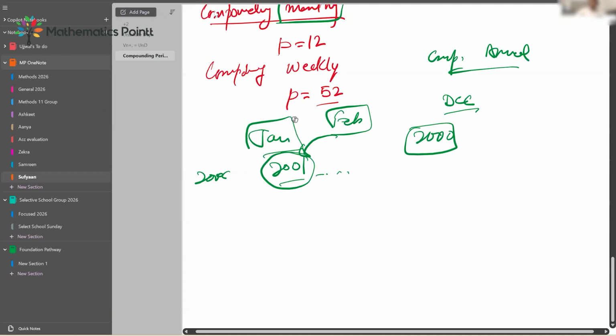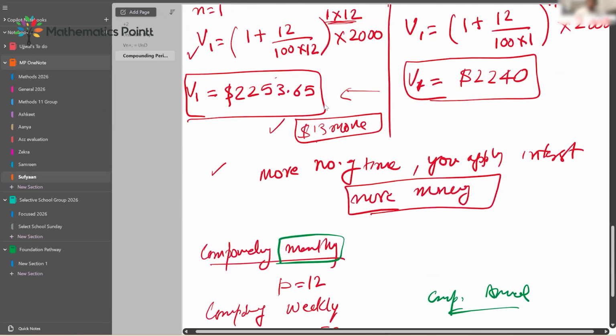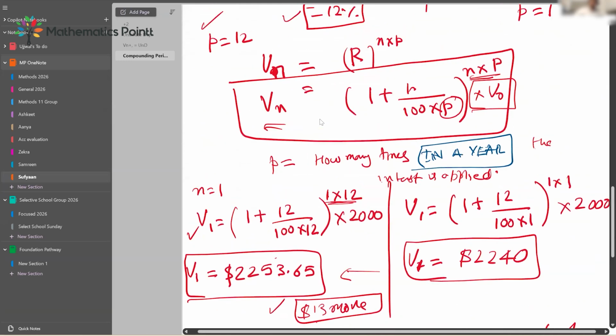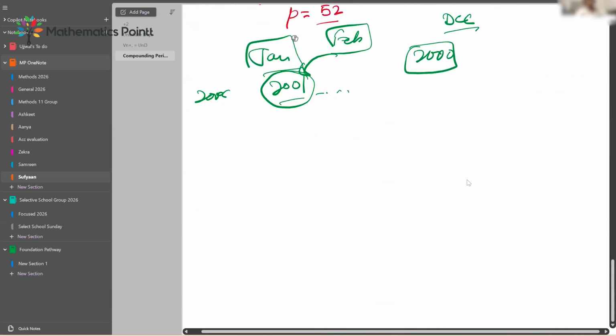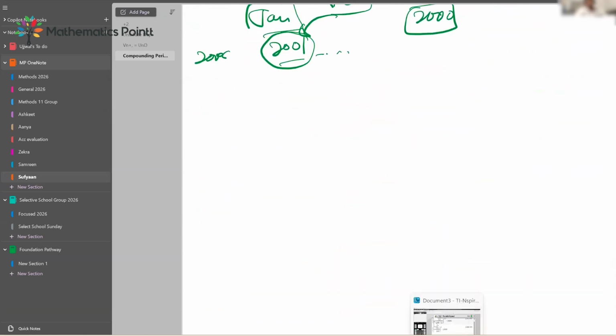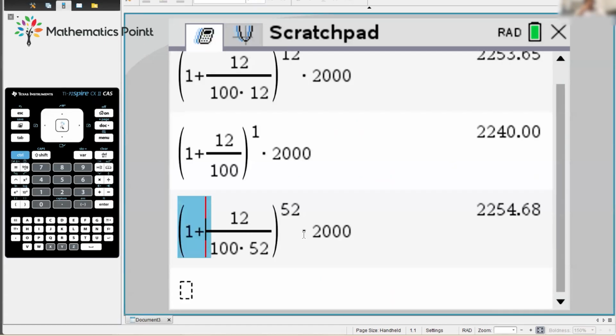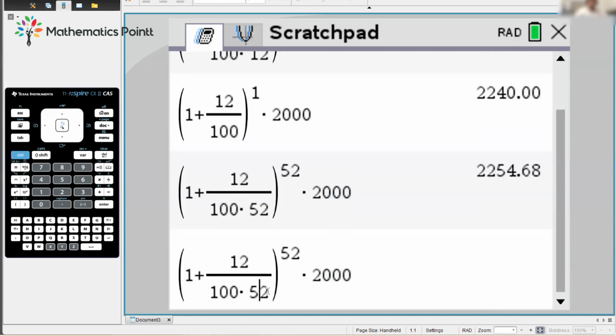Awesome, 365, because the question that you're going to ask yourself is how many times in a year the interest is applied. So compounding daily means P is 365. Let's try 365 as well. So if I just copy, let's see how much 365 is going to make the difference to this total.